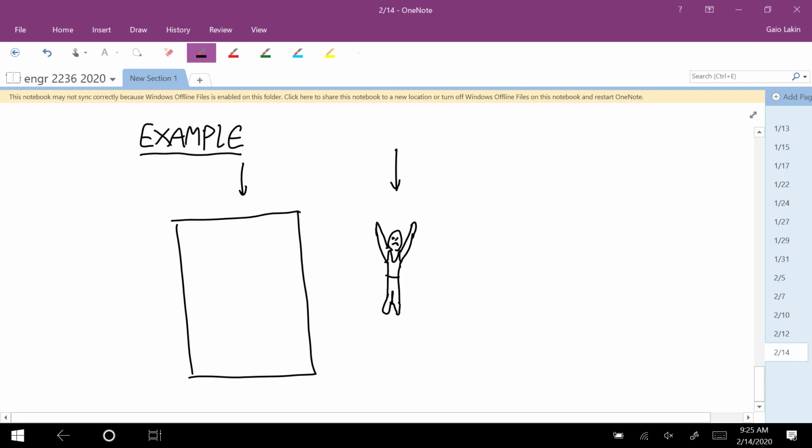The elevator and the guy are both in free fall. This is really a terrible day. Plans went really wrong. But the elevator has a camera mounted on the outside, and we're going to think of that as our coordinate system.